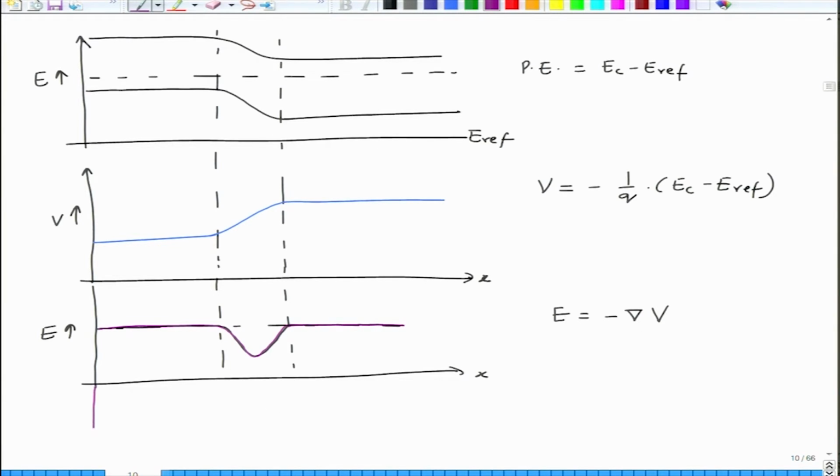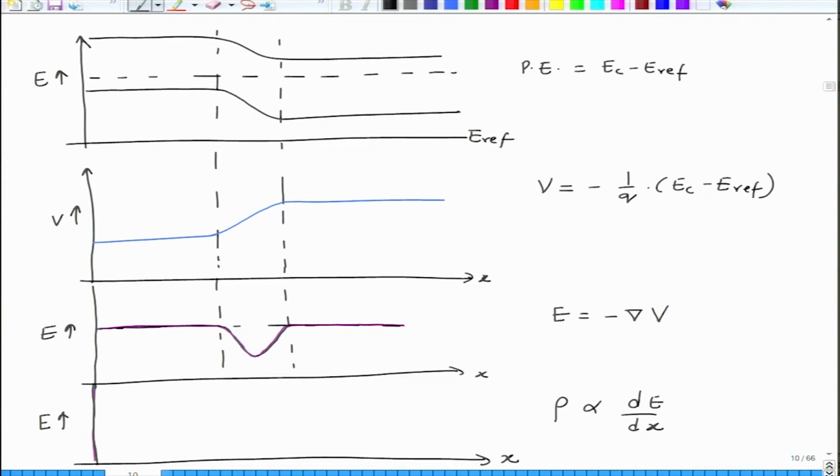Now if you want to plot another thing, which is called charge density, which is proportional to dE over dx.